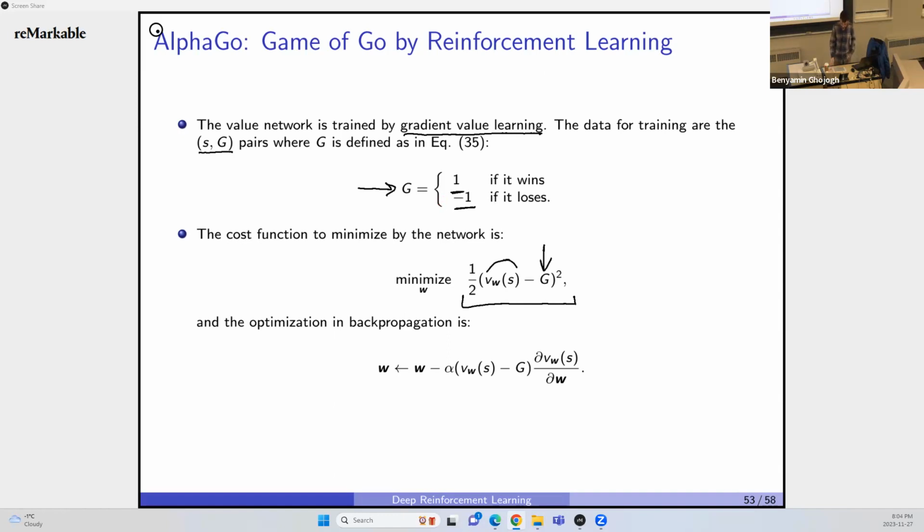So basically it says play an episode. If you win, then the output of the network should be 1. If you lose, the output of the network should be almost 0. By the way, this is a continuous output. So what is the output of this value network? You tell me. It's between 0 and 1, right?